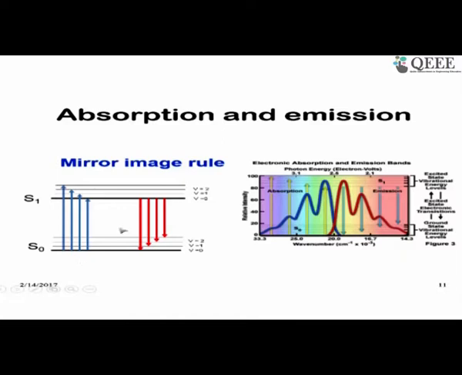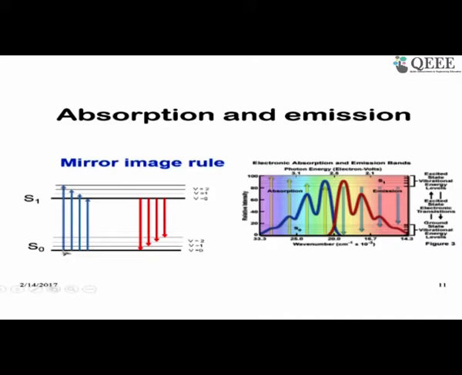You can again come back to this Jablonski diagram. There is S0, there is S1. In S0 there are different vibration energy levels, V0, V1, V2. S1 also has different vibration energy levels, V0, V1, V2. I would have written V dash 0, V dash 1, V dash 2, just to distinguish them from the vibration energy levels in the ground state. Now the blue lines are absorptions, red lines are emissions.